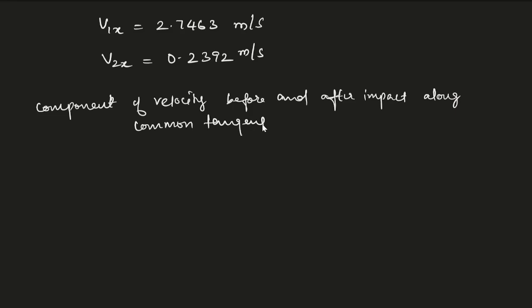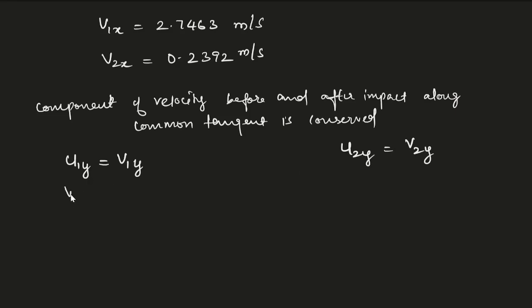That means it will remain constant. So we can say that u1y is equal to v1y and u2y is equal to v2y.